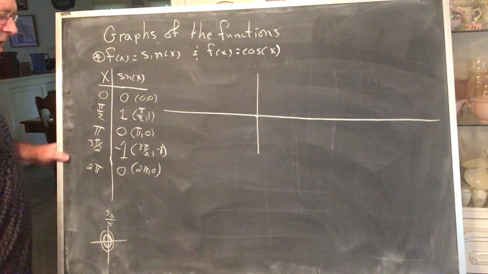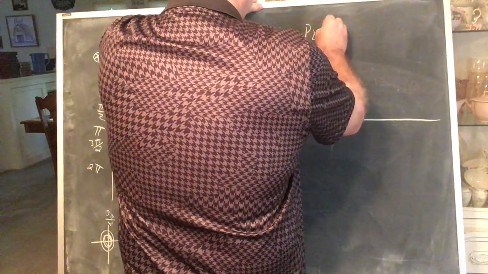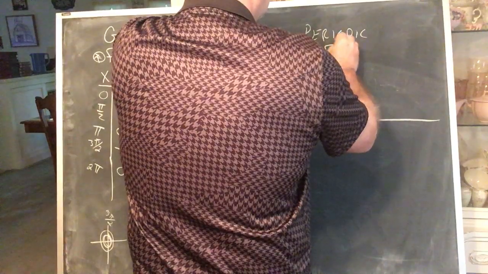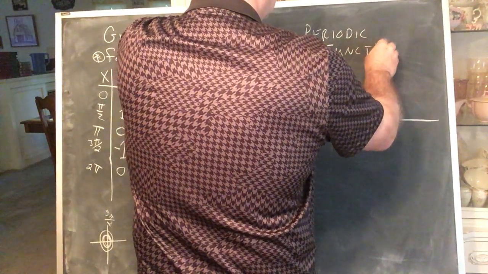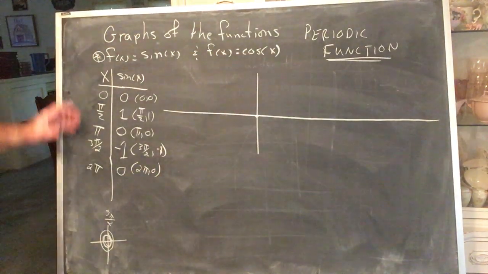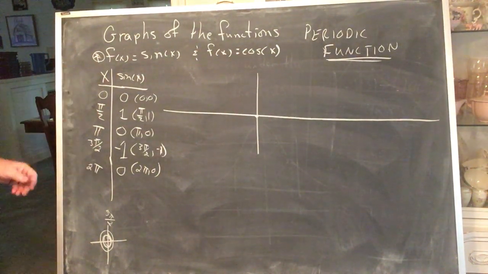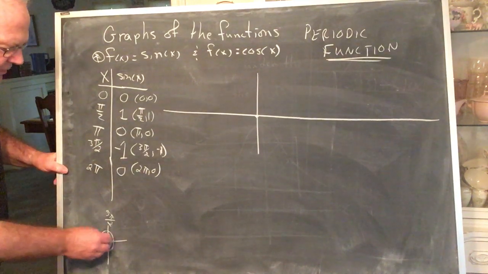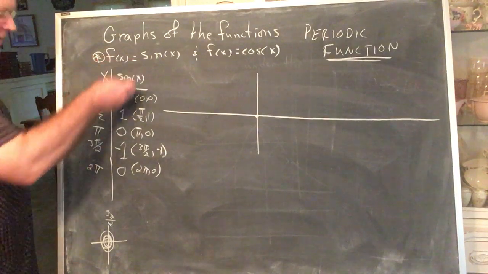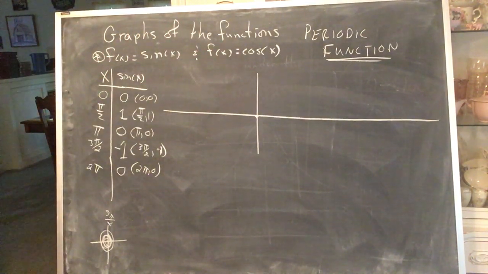What we're talking about here is a phenomenon called a periodic function. The fact that this function repeats itself as you go multiple times around the unit circle causes this function to be what we call a periodic function. We'll talk more about that in just a bit.